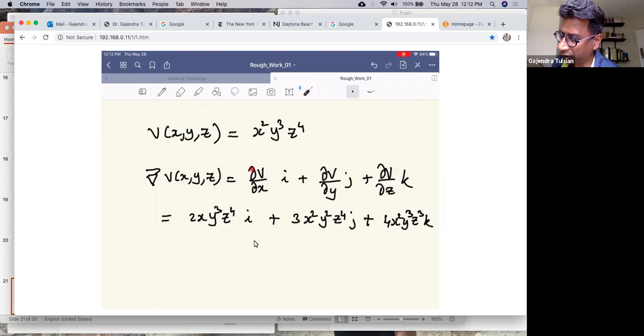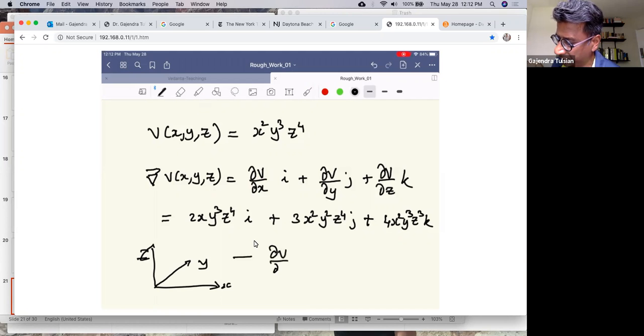And by the way, what do the partial derivatives mean? Here's the x, y, z axis. Del V by del x tells you how the function changes if you move along the x-axis.